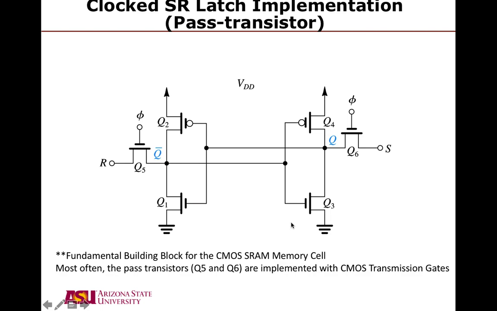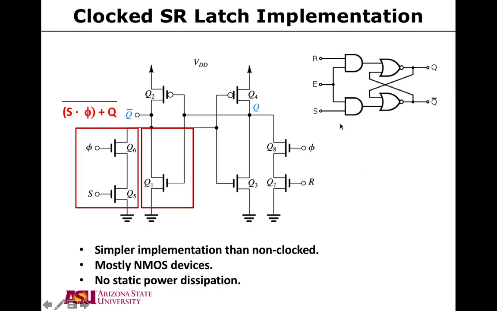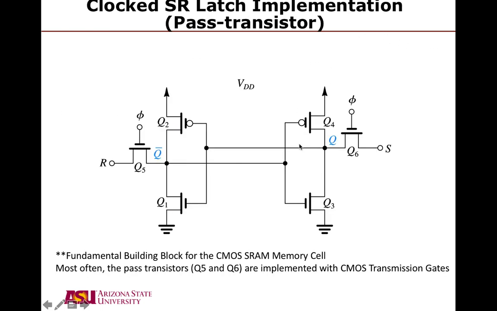But now the AND function has been created with a pass transistor NMOS logic, right? So this is just pass transistor logic, NMOS only, where we're going to have an R and phase here, or on this side, S and phase. So this is creating the same logic function as on the top right block diagram here, but now we have pass transistors, so we can simplify this down to 6 transistors.